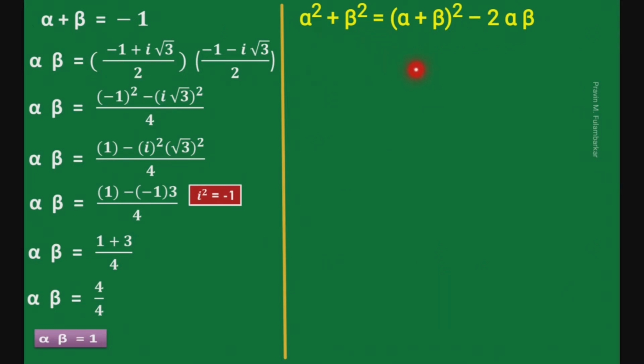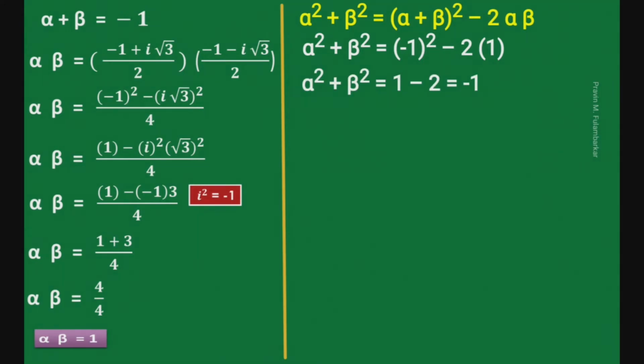We find alpha square plus beta square because we have to convert alpha raised to the power 4 plus beta raised to the power 4 into power 2. So we calculate this value first. We substitute alpha plus beta as -1 and alpha into beta as 1. So -1 square we get +1, 2 into 1 we get 2. So we write here 1 minus 2 as -1.